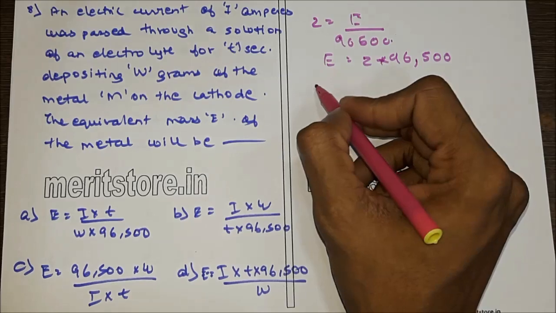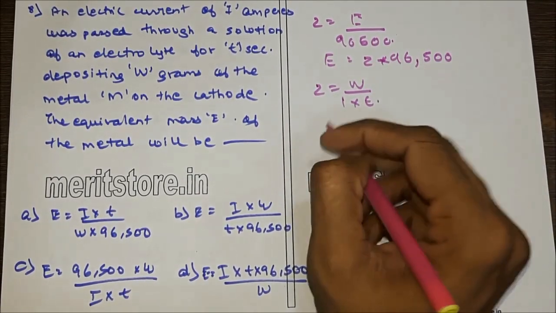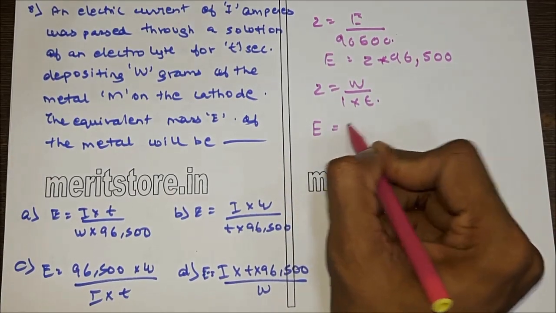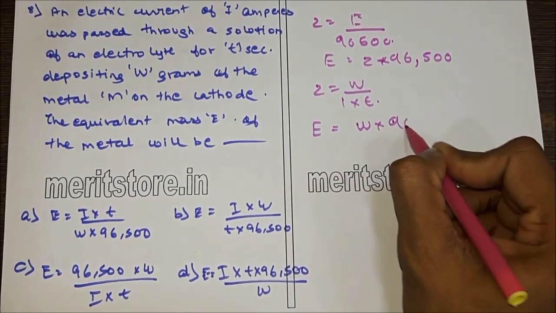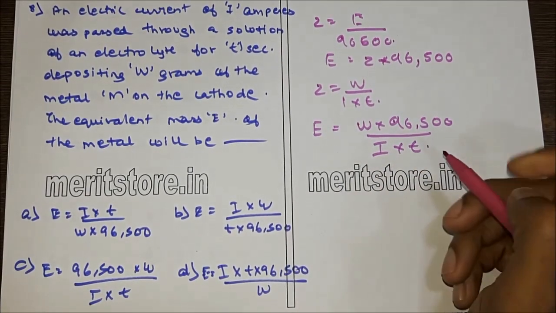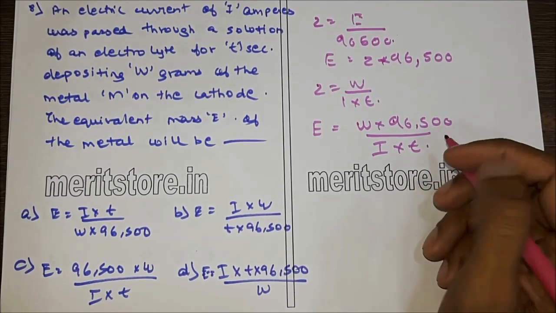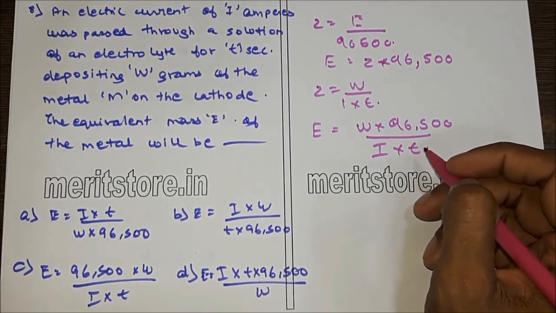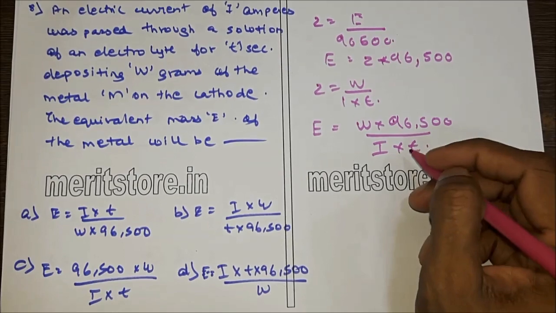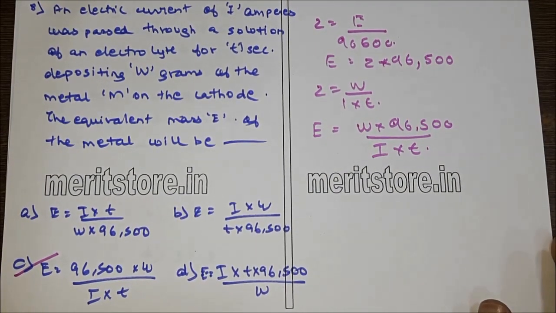We also have Z equal to W upon I into T. As we substitute, we get E equal to W into 96,500 upon I into T. Therefore, our answer matches option C. Therefore, option C is the correct answer.